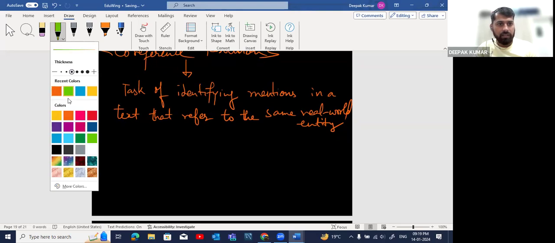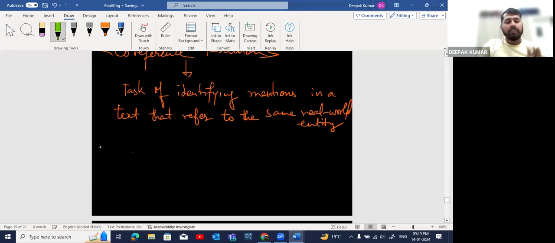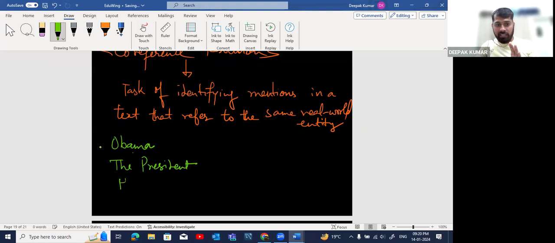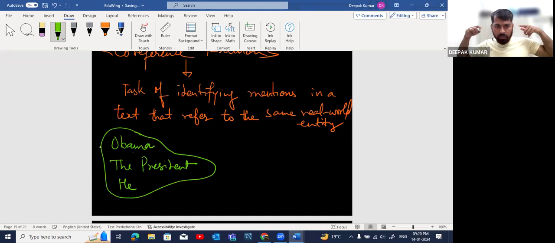Say in a sentence it is written Obama. So it starts with Obama. Then the mention comes as the president, and the third time it comes as he. These three terms are mapping and pointing towards the same person.